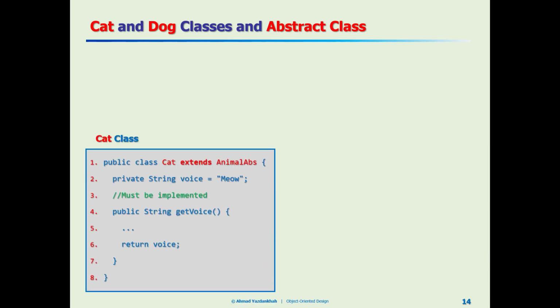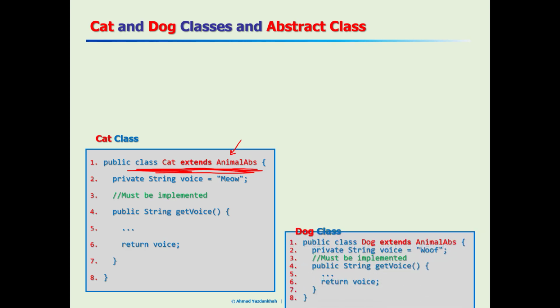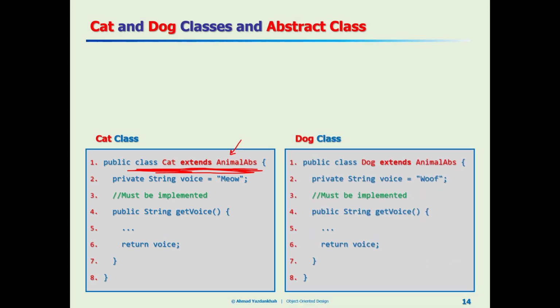But now cat and dog should extend the AnimalAbs, right? So this is some kind of inheritance now because this is a kind of class. It's a half class, let's say. So we are extending the Animal abstract class, all right? And the same thing for the dog, of course.